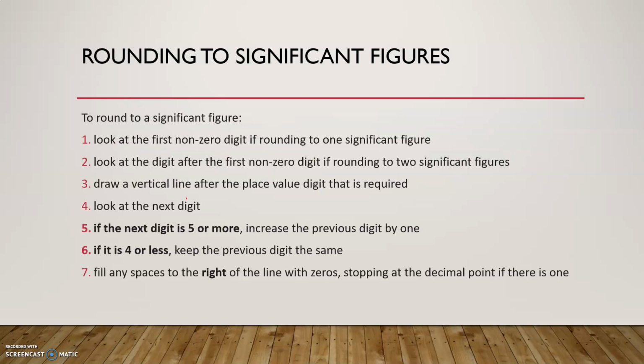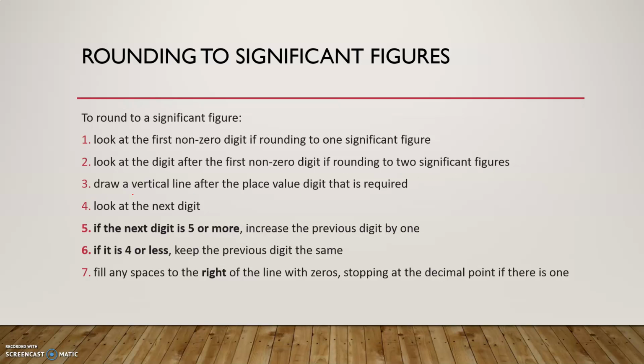Okay, so this is our third section of this tutorial, which is rounding to significant figures. To do that we have to follow some rules. The first one is to look at the first non-zero digit if rounding to one significant figure. Rule number 2, look at the digit after the first non-zero digit if rounding to two significant figures.